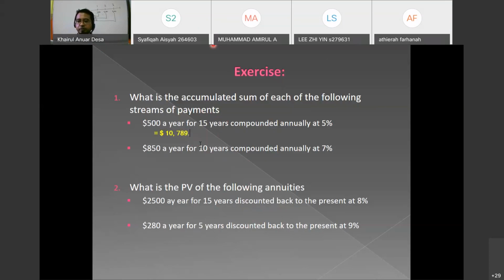Point 5, point 5. Alright. Number 1, 10,789.50.